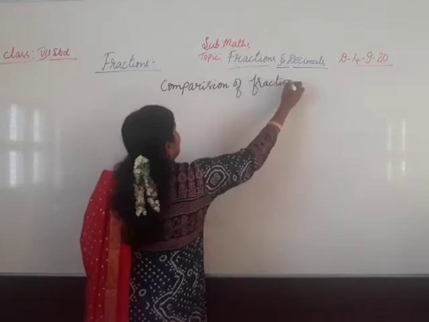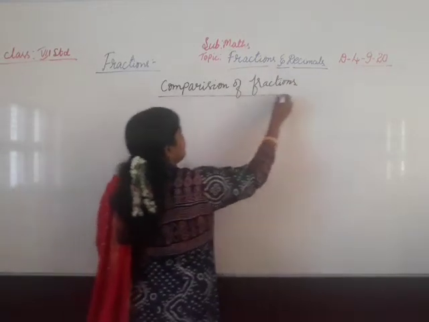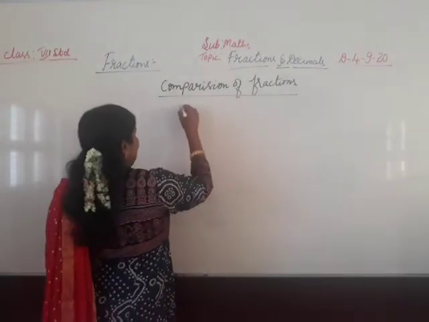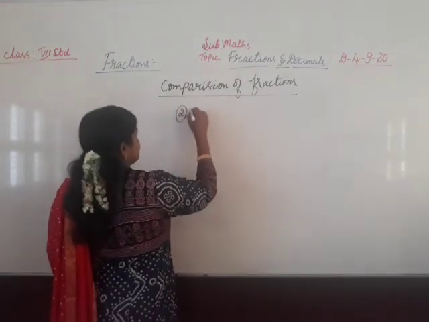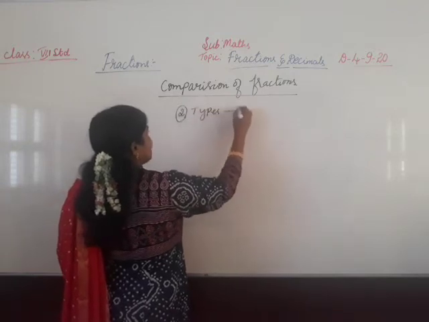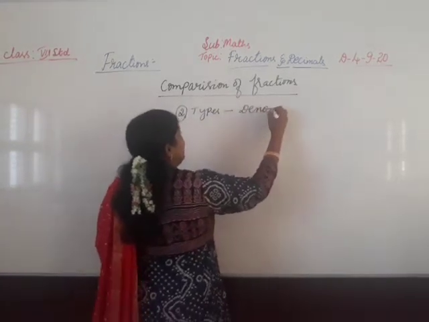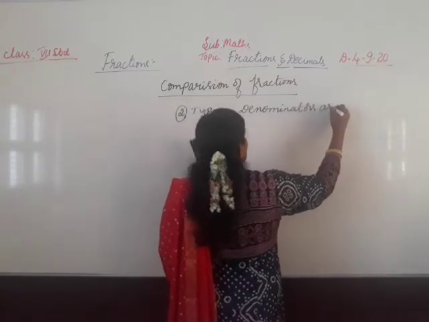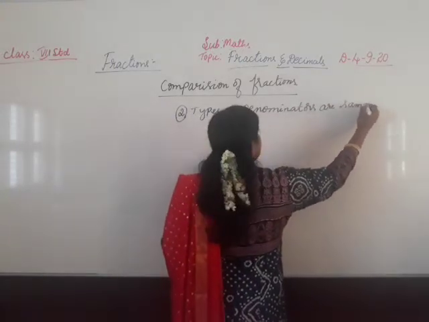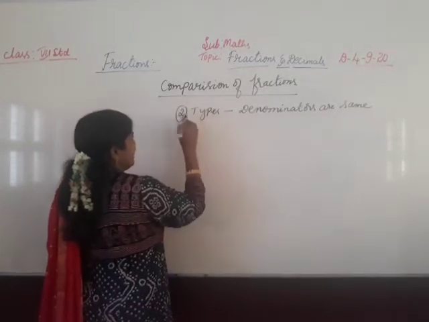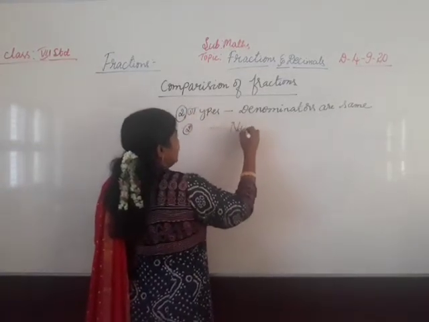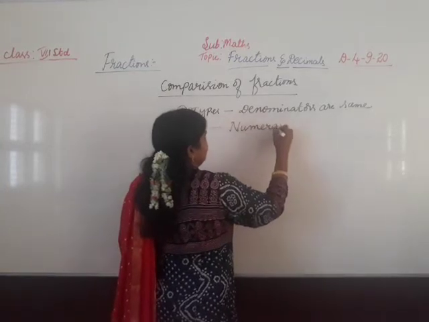Comparison of fractions. That means which is smaller, which is bigger, we have to find out. There are two types: when denominators are the same and when numerators are the same.